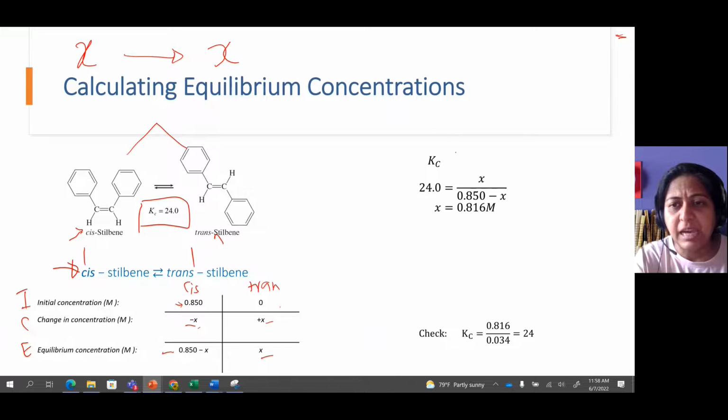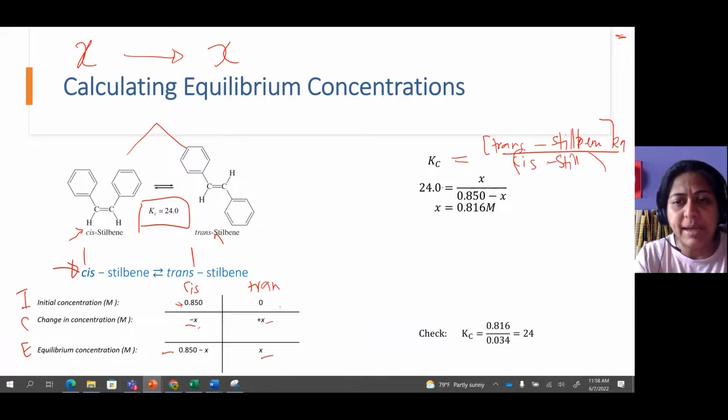Then we write the equilibrium constant expression, that is trans stilbene divided by cis stilbene. These are the equilibrium concentrations. So then we plug in these values.